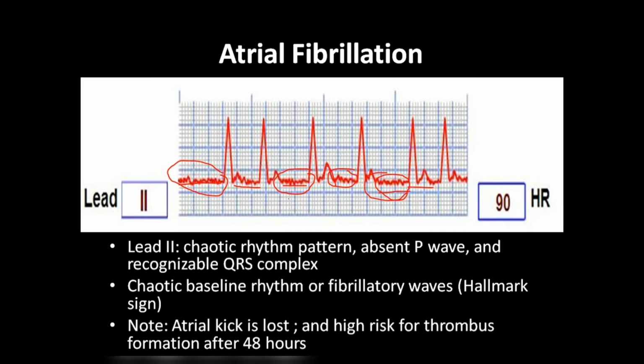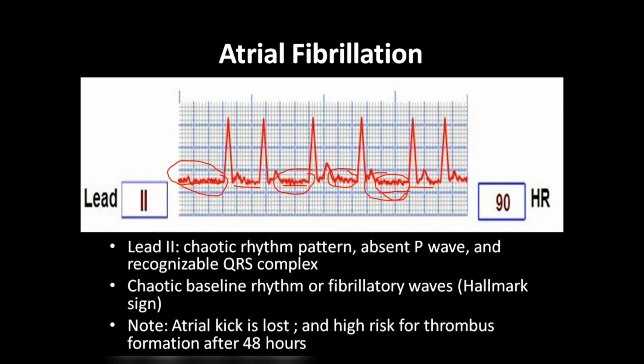Here the atrial kick is lost and there is high risk for thrombus formation after 48 hours. The atrial waves are lost. The atrium will not depolarize and repolarize properly. It will continuously contract and relax.